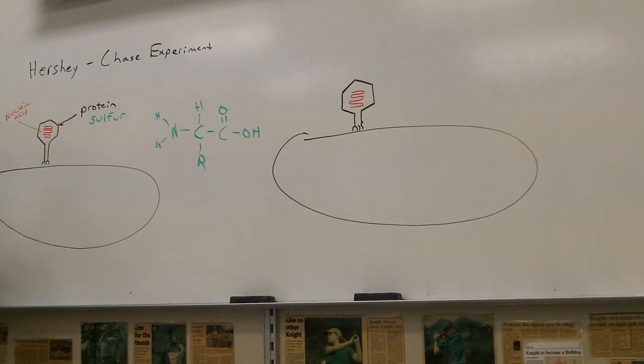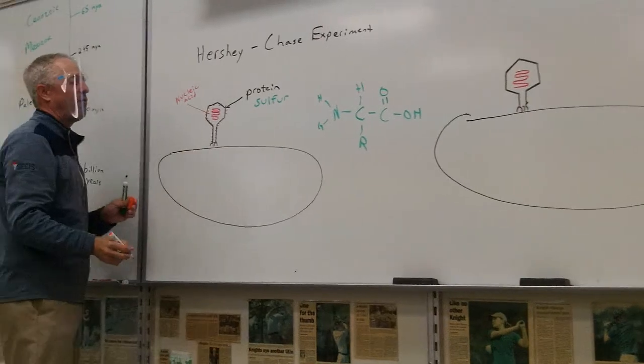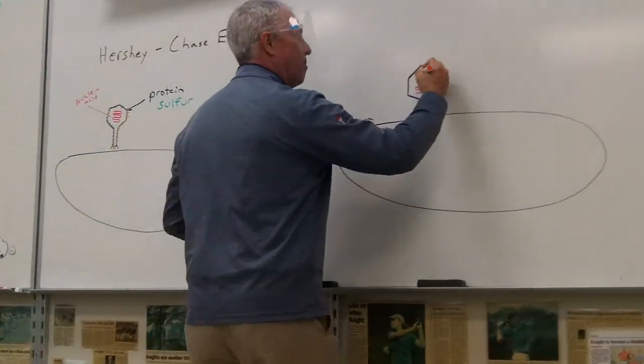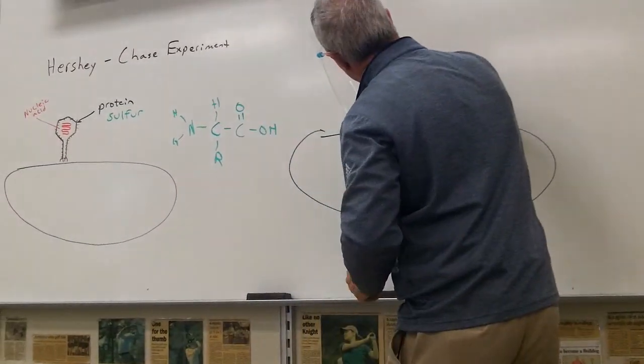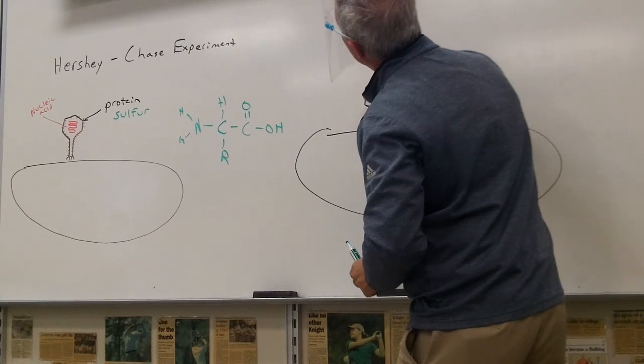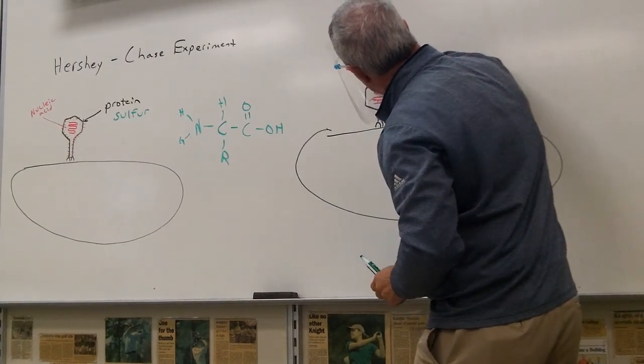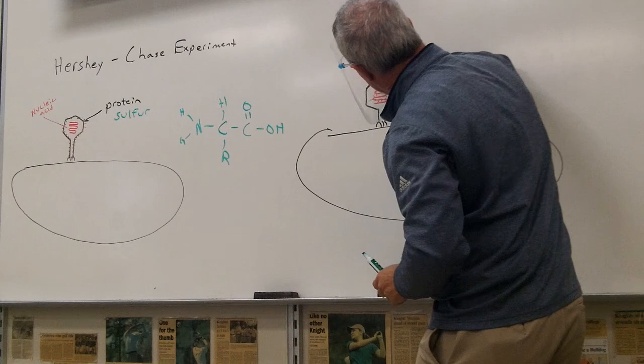So in this group, I'm gonna use orange for the radiation. In this group, they radioactively labeled the protein with S35. In this group, they radioactively labeled the nucleic acid with P32, which is a radioactive form of phosphorus.